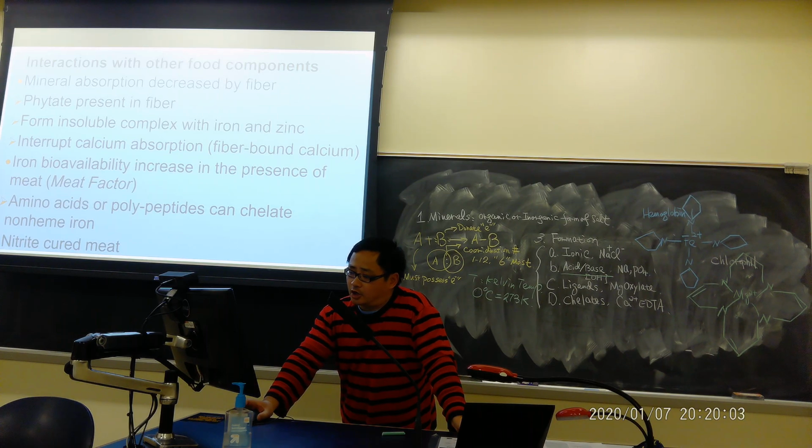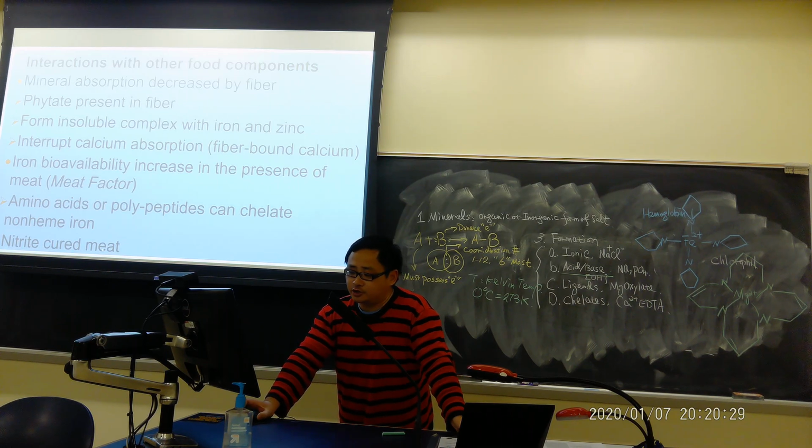Now, in the opposite direction, if we are preparing meat, then you will see meat products easily attract ions, and the iron in a meat product will have increased bioavailability to be used by the human being. Because the amino acids and polypeptides can chelate non-heme iron.